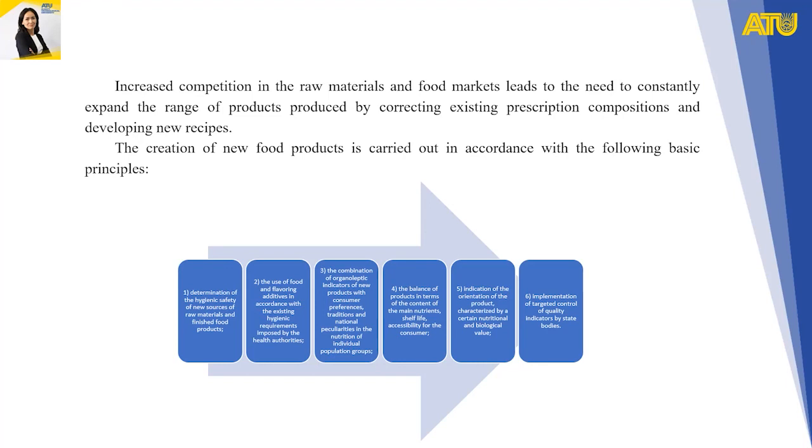The balance of products in terms of the content of the main nutrients, shelf life, and accessibility for the consumer. Indication of the orientation of products characterized by a certain nutritional and biological value. Implementation of targeted control of quality indicators by state bodies.